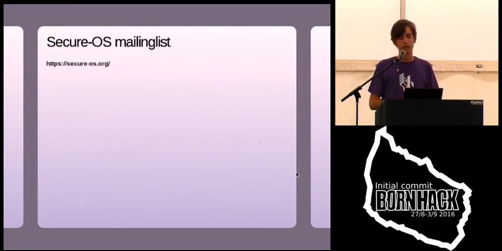And then another thing is the Secure OS mailing list, which is a bit of a consortium of people doing development on Tails, Subgraph, Qubes, and some others, where people have discussions about common problems that we have and try to come up with solutions, like the persistent Tor state or time syncing, and some other problems like wiping of the video memory, for example, which is a bit of an unsolved problem at the moment.